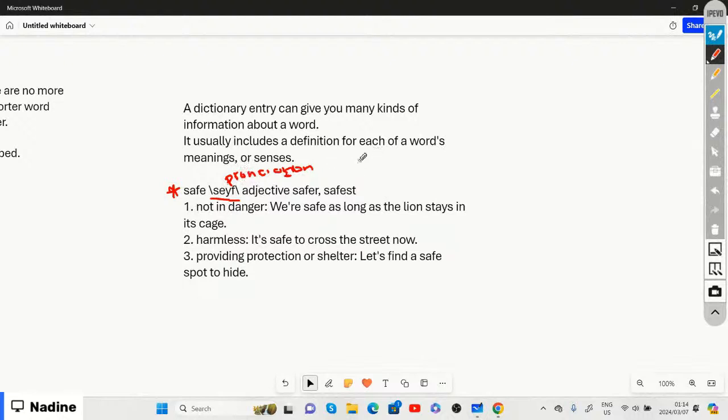And that is basically how you need to say the word. Then we have words. Firstly, you need to, for example, say if it's an adjective, a noun, or whichever part of speech it is.